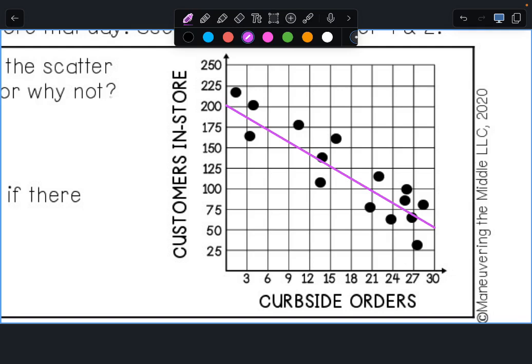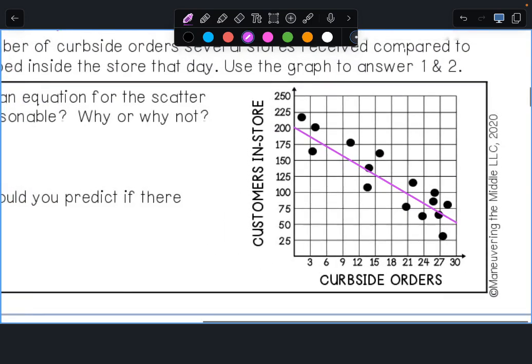So what we're going to do is write the equation of our line. We need the slope, and we need the y-intercept. What's the y-intercept? 200. Give me another point that we can use for the slope. It does not have to be one of the black points. 15, 125. Find the rise over the run. What's the rise? We're going by 25s.